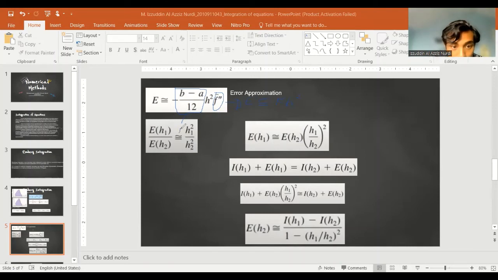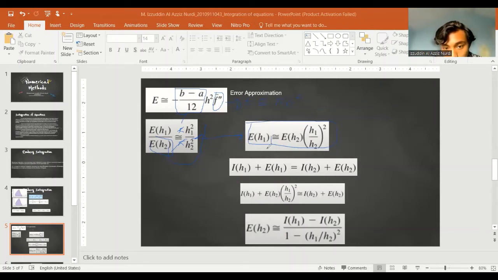In the first, we also have k because it's the same value, so we can erase it. And then this E_H2, we move that into this segment, so we have the value of this and the formula of this.